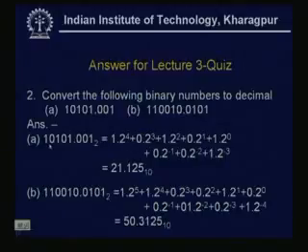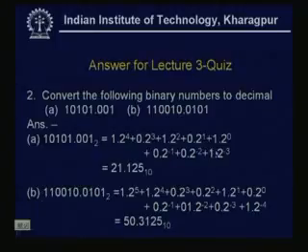Similarly, 0 into 2 to the power 3 plus 1 into 2 square, 0 into 2 to the power 1, 1 into 2 to the power 0, and the non-integer part 0 into 2 to the power minus 1, 0 into 2 to the power minus 2, 1 into 2 to the power minus 3.